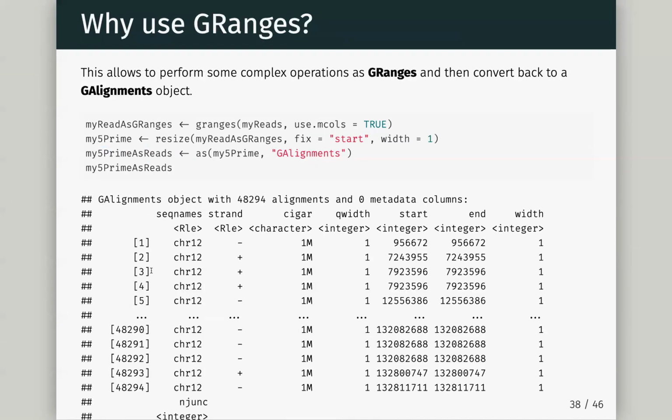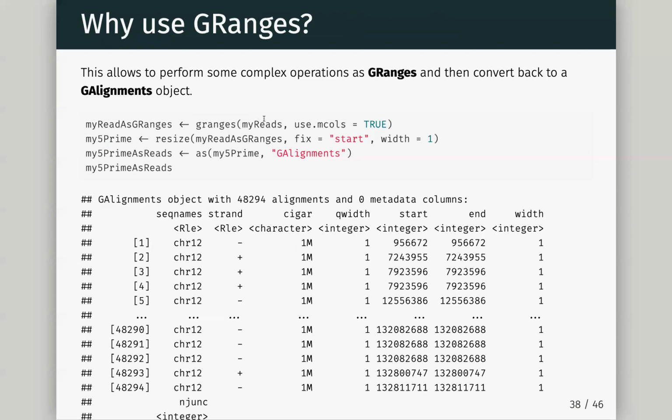So effectively, this is the important thing, and we're going to do this for ATAC-seq. This just means you can convert from your GAlignments to a GRanges, perform some operations which you couldn't do on GAlignments, and then pass it back into a GAlignments object. Here's an example of this, and it's quite common.